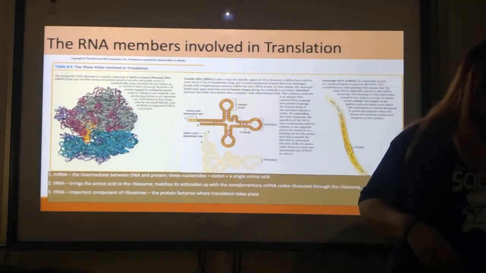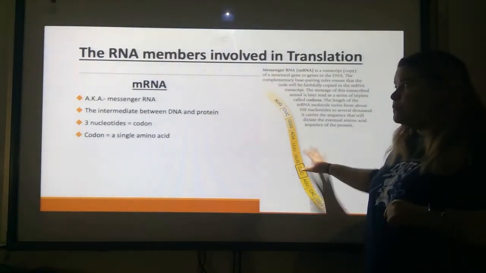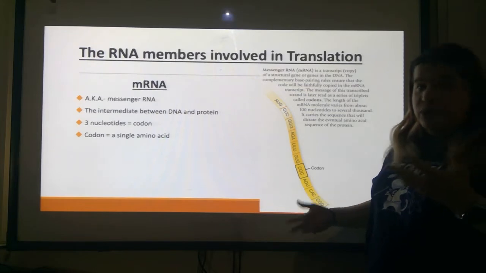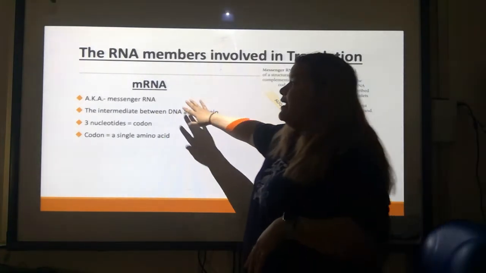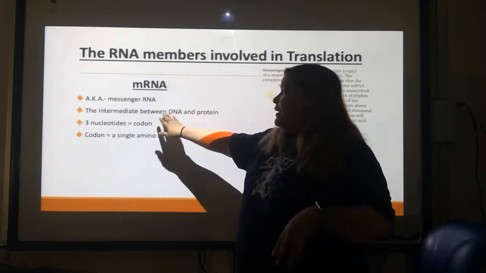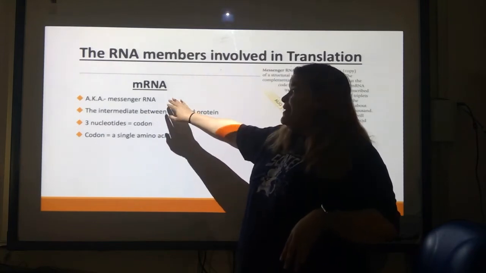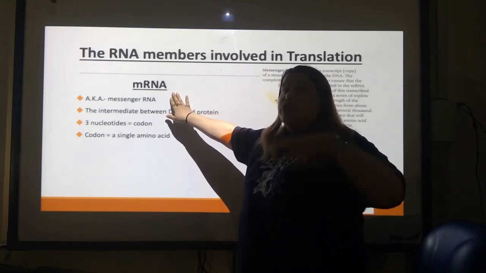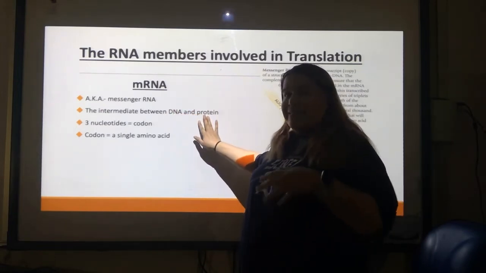So mRNA is the one we were just talking about. mRNA, also known as messenger RNA, is my intermediate between my DNA and my protein. These are the notes that I take from the DNA instruction manual to make the protein that I want.